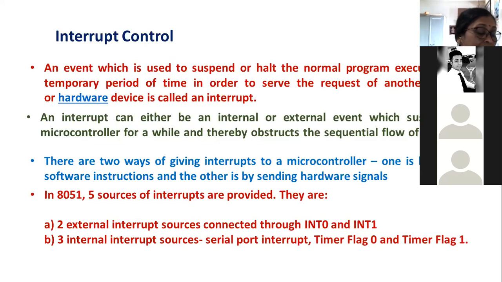And the second function of this unit is to serve multiple interrupts by using what are called priorities. What will happen if two devices simultaneously request the interrupt? Then who has to be serviced first?